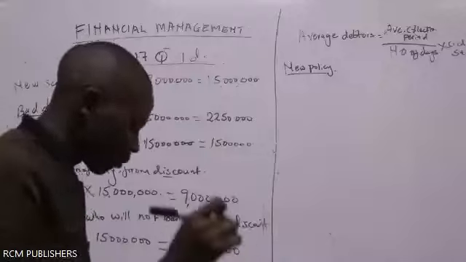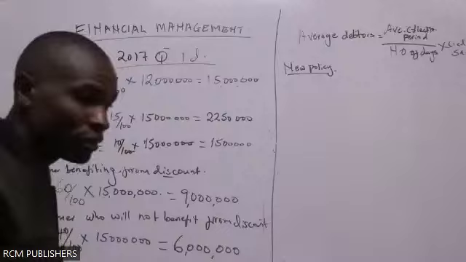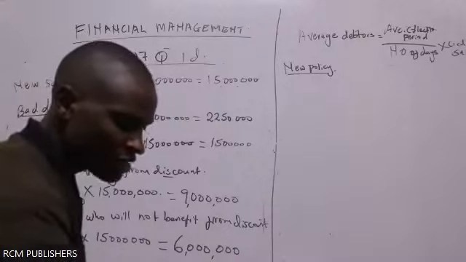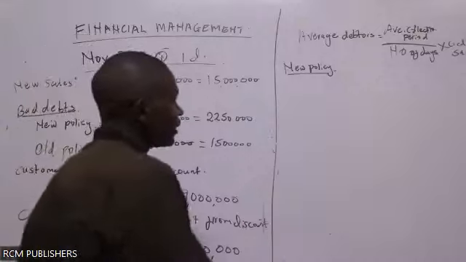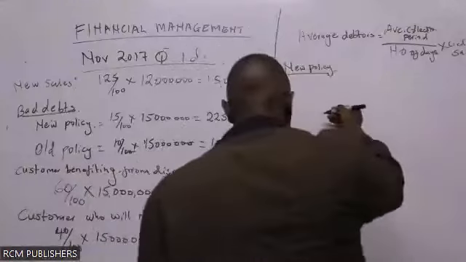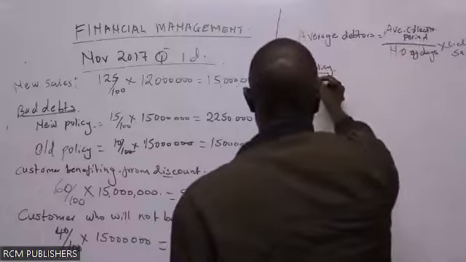So the discount itakuwa 10. Ama the credit period. Credit period mwenye atalipa within 10 days, that is the credit period. Ndiye atapata discount. Mwenye atalipa within the 10 days, 3/10. No, 10 is the correction period.